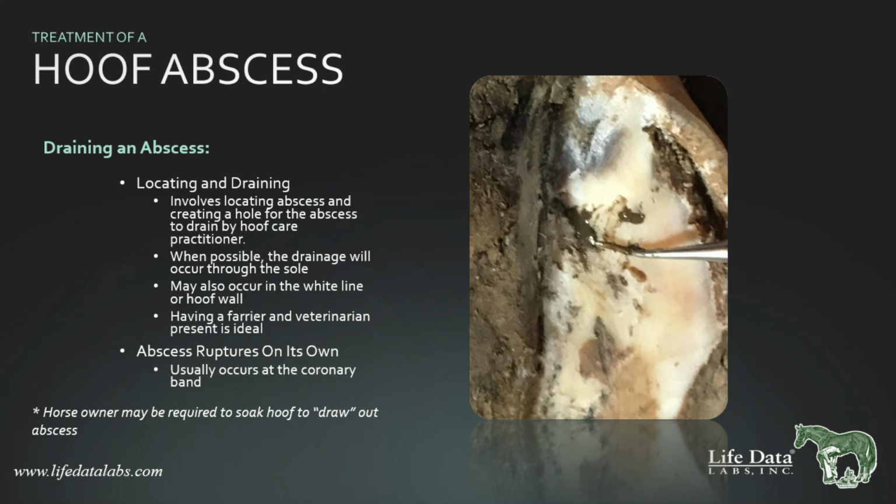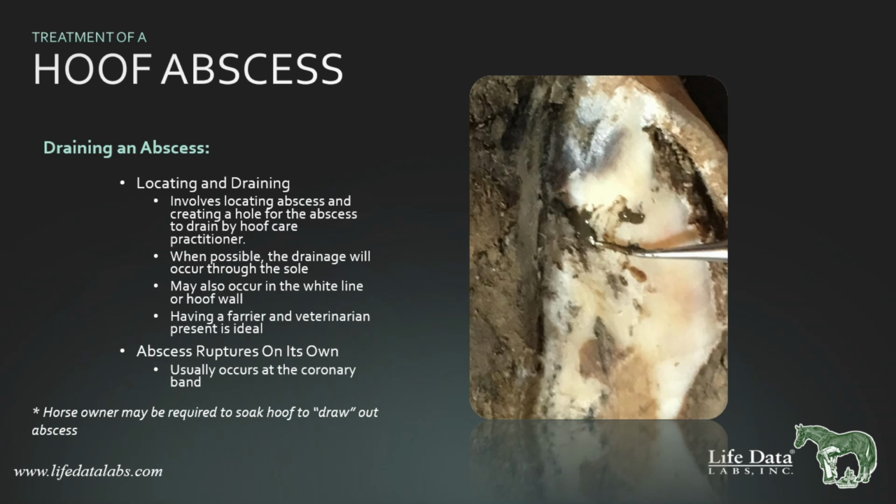A lot of times an abscess is going to rupture on its own if we don't jump right on the situation. If we can get that abscess to rupture out of the sole of the foot, that's going to be a better situation than the abscess tracking up the hoof wall and exiting out at the coronary band itself.